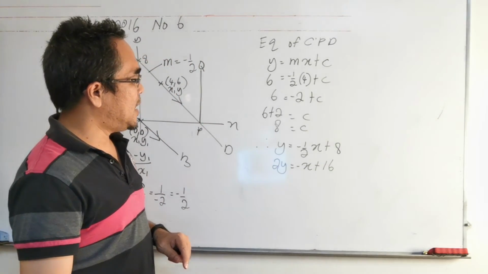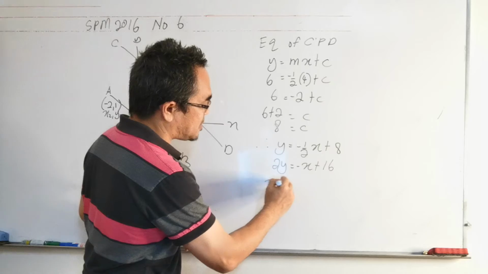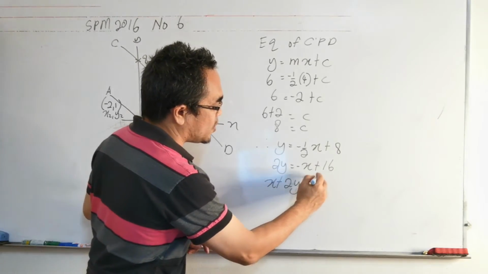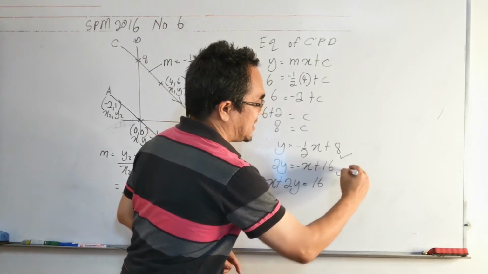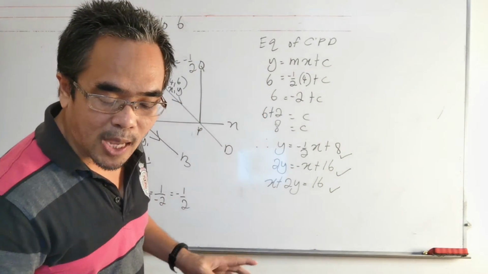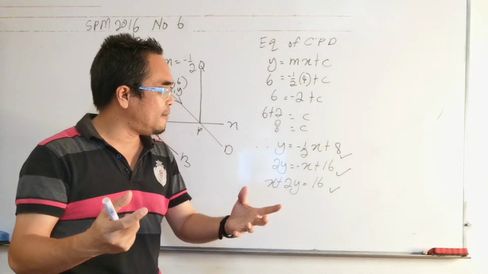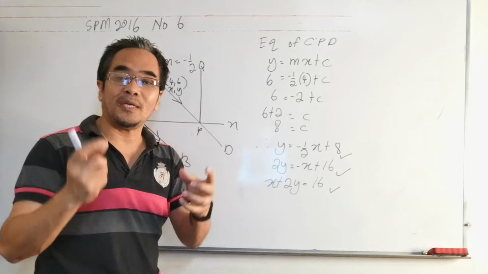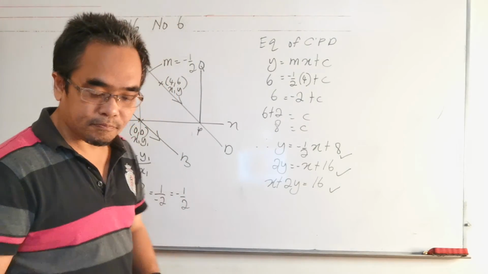And sometimes, because x is negative, we can write x plus 2y equals 16. But anyway, this is correct, this is correct, this is correct, except when they tell you they want a specific type of equation.